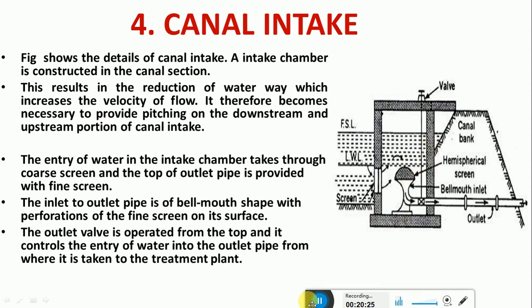Similar to the lake intake, the canal intake is also used to draw a small quantity of water for small water supply schemes for villages and other areas. We cannot draw more water and supply a huge quantity of water to the water treatment plant using canal intakes. So these are the different types of intake structures which are used in the treatment of water.